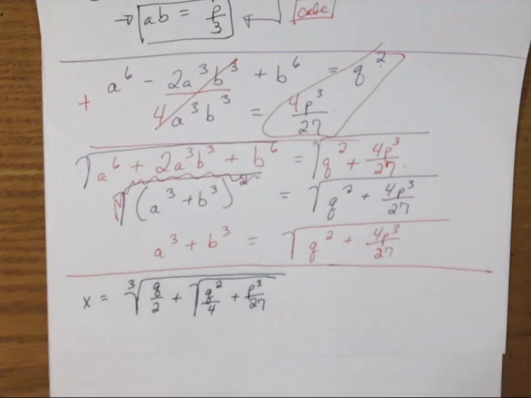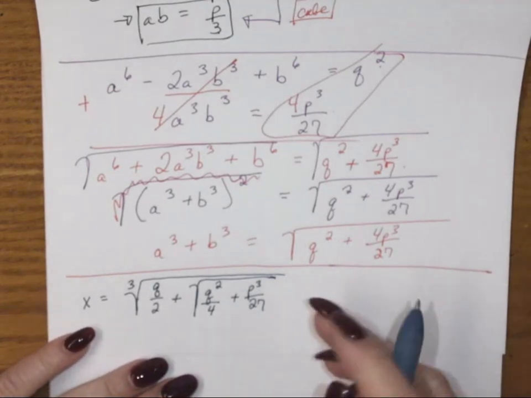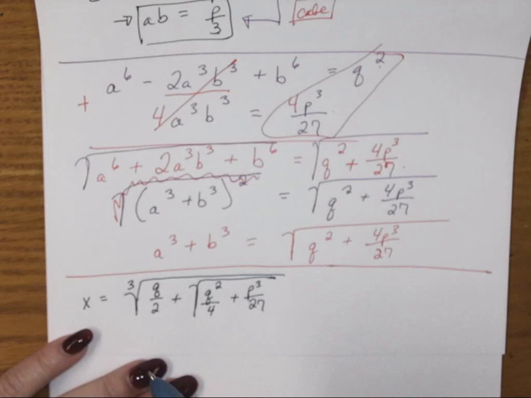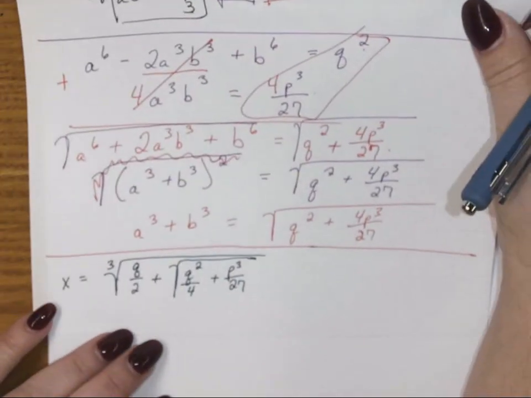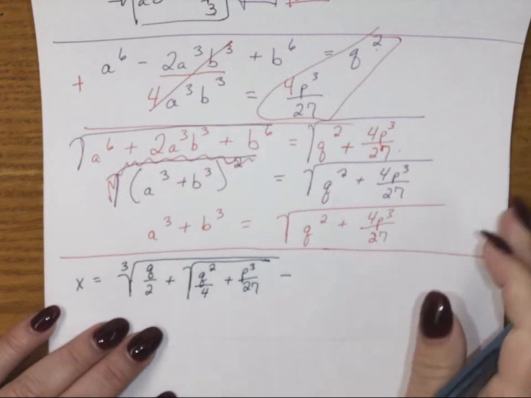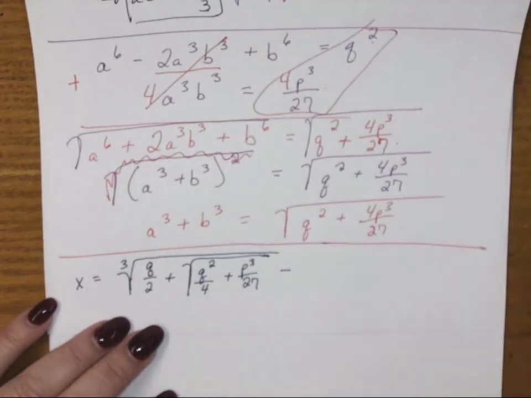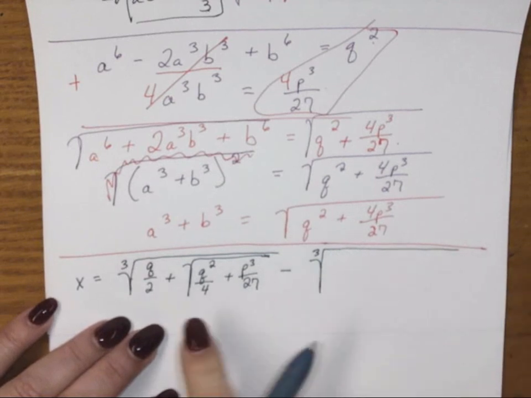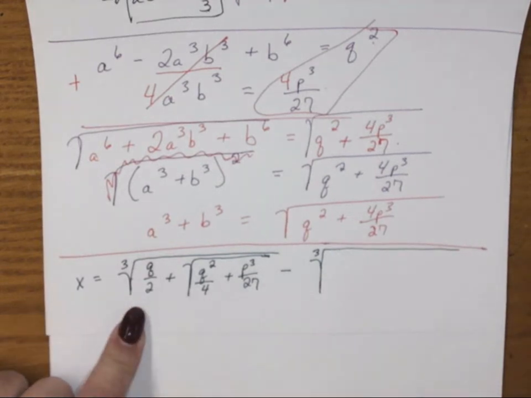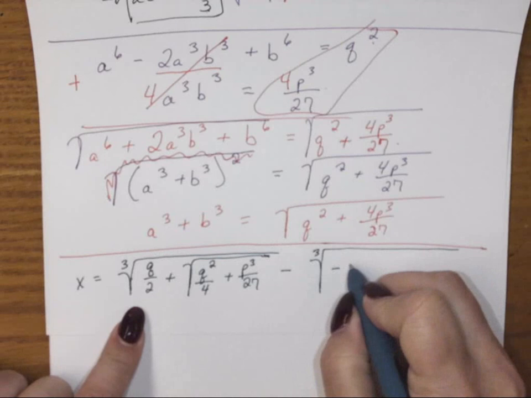So they end up being represented up there. So he's got that. And then he says minus, because I know my x is a minus b, minus the b term. But interestingly, the b term is really, really close to what we've already got. We've got the cube root of, and it looks exactly like this, except that at the front I get a negative.